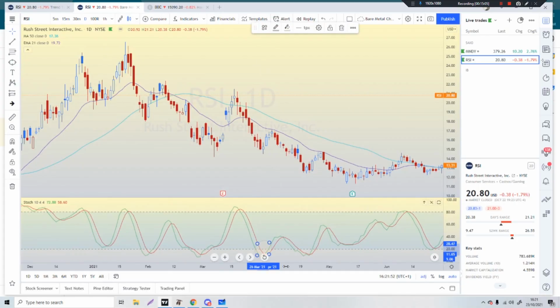You can see where that signal line, which, remember, is the smoothed version, a 4-day moving average of the stochastic, crosses above the actual stochastic here.